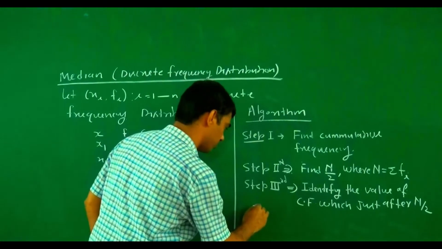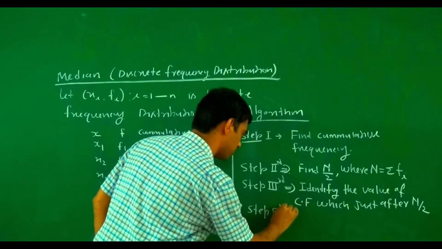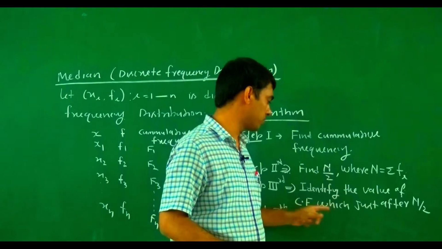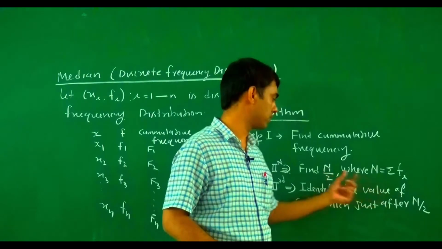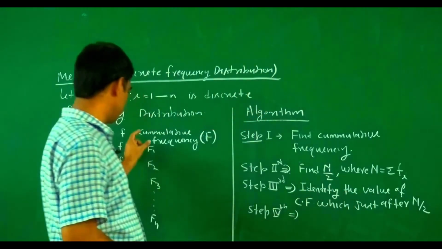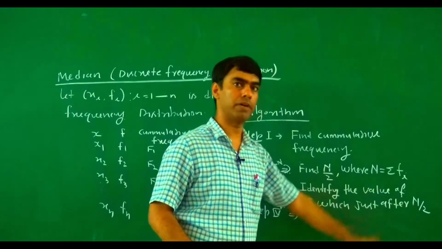Then step 4 is the corresponding value. Identify the value of cumulative frequency which is just after the value of N by 2. First find the value of N by 2, then identify in the cumulative frequency which one is just after the value of N by 2.